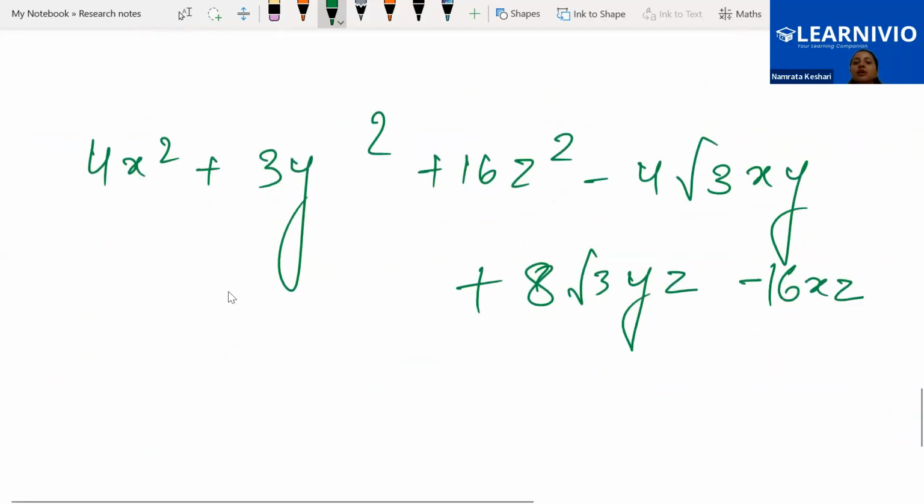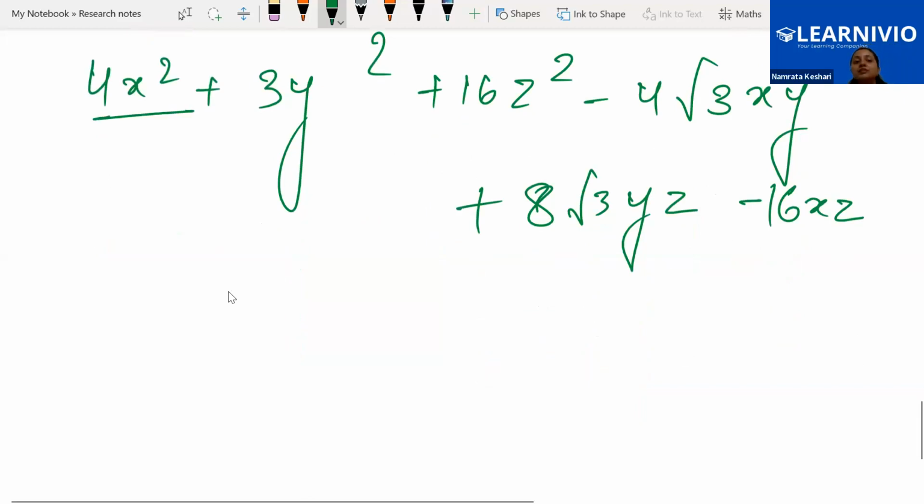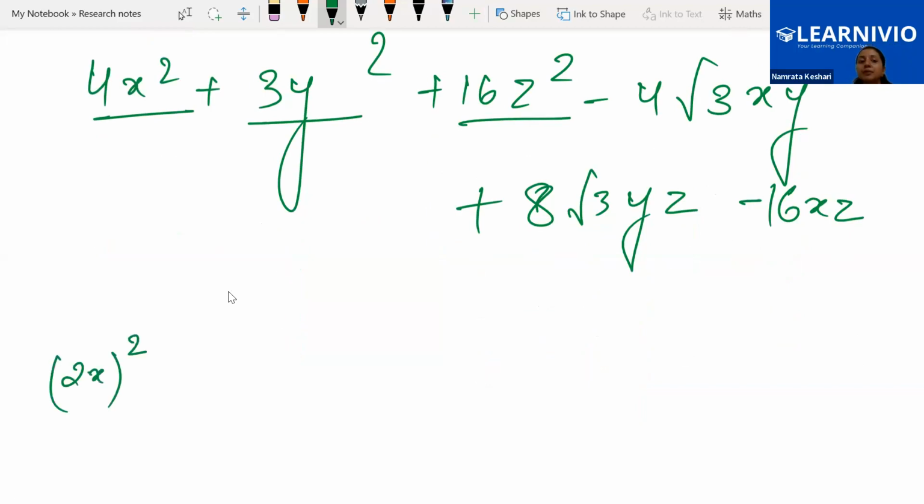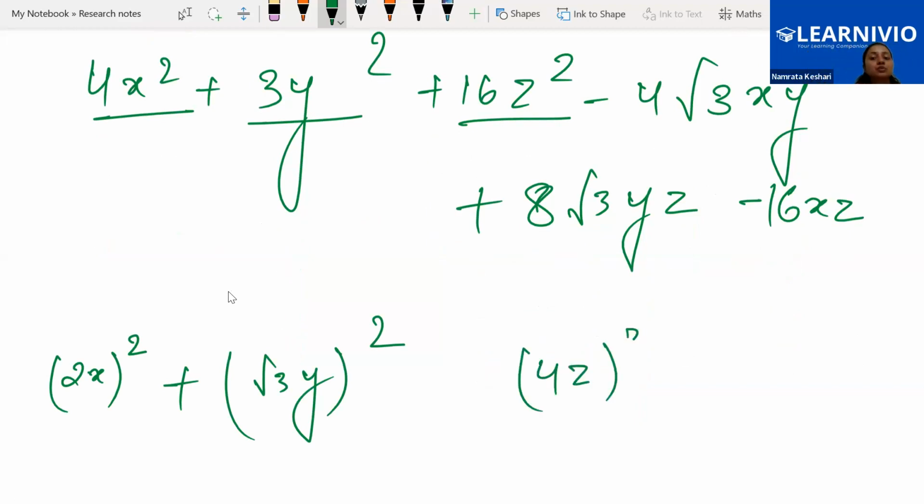What we will do over here, first we will try making the first 3 terms complete squares. 4x² can be written as (2x) whole square. 3y² can be written as (root 3 y) whole square. 16z² can be written as (4z) whole square.